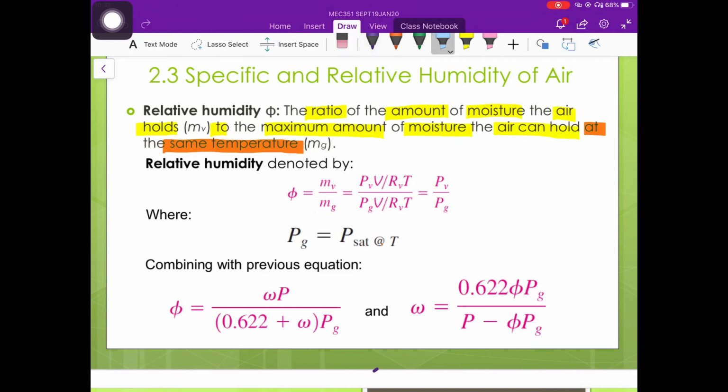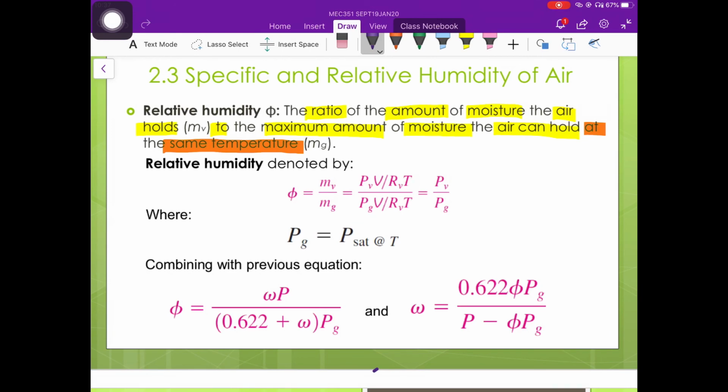And again, from the ideal gas equation of state, we can have this relation. We know that they have the same volume, the same temperature, and they are both water vapor. What's left with us now is the pressure terms, which is PV over PG. And we know that the pressure for the saturated vapor is given by the saturation pressure at a given temperature.